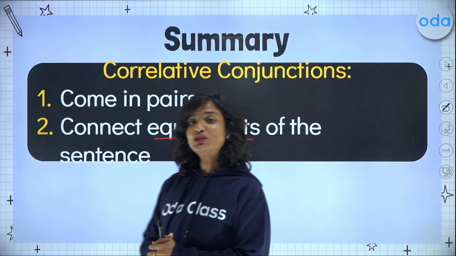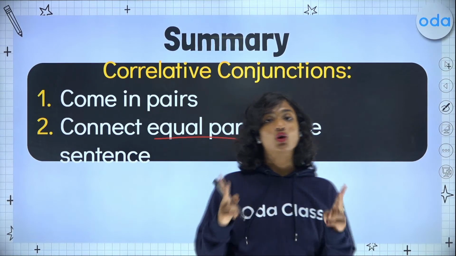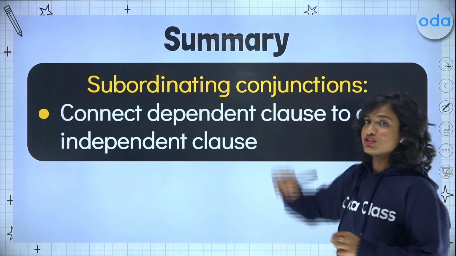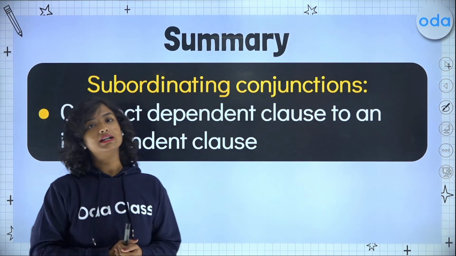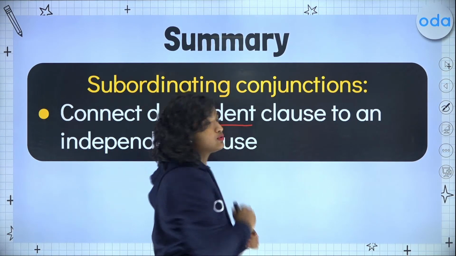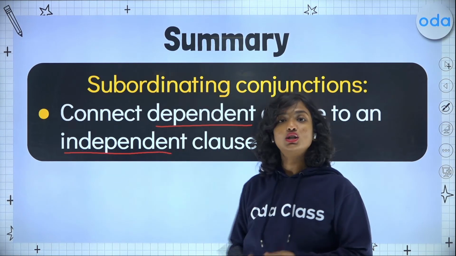What does it mean, equal parts? It means either two words or two phrases or two clauses. Subordinating conjunctions, on the other hand, are used to connect two unequal parts of the sentence. What does that mean? It means they connect one dependent clause to an independent clause.